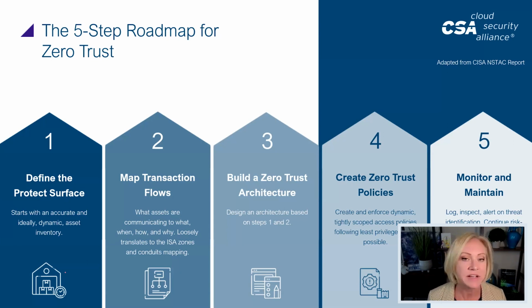It's defining the protect surface, which really is just getting a control over your inventory, a quality asset inventory, hopefully something that is not just digital, but also dynamic and accurate. And in an ideal world, we would have something that we can integrate into other systems in a zero trust architecture. So I've certainly worked with utilities customers that, I was joking in the panel, we talk about, okay, we don't have a mature CMDB, so our inventory is an Excel spreadsheet.